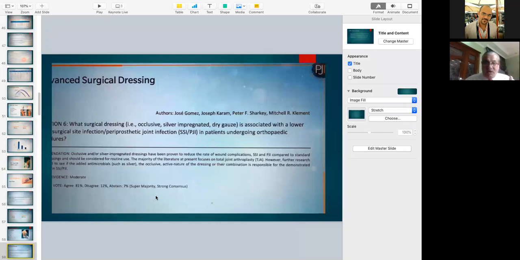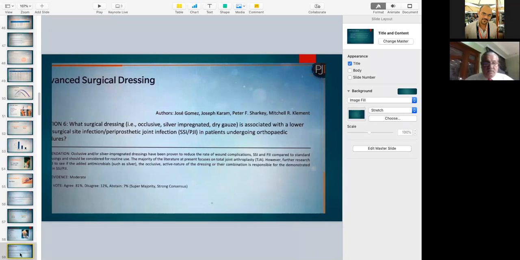There is about 81 percent consensus on that when you use this modern dressing, occlusive and sometimes with or without silver impregnation.